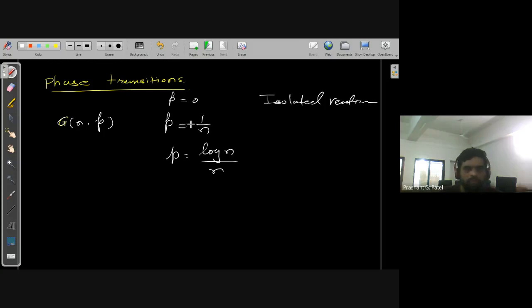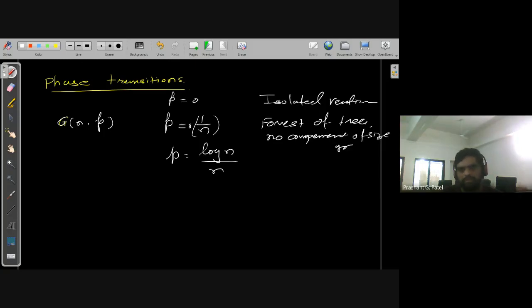If p is of order 1 by n, then there is a forest of trees. You know what we mean by a forest, or I can say there is no component of size greater than big O of log n.